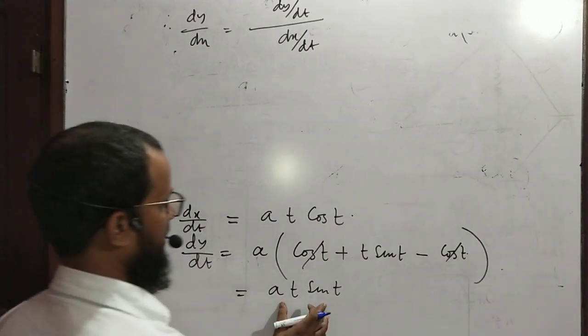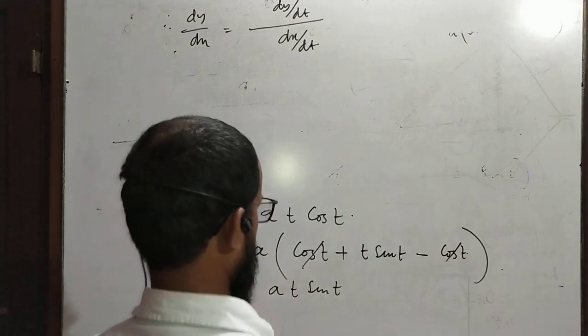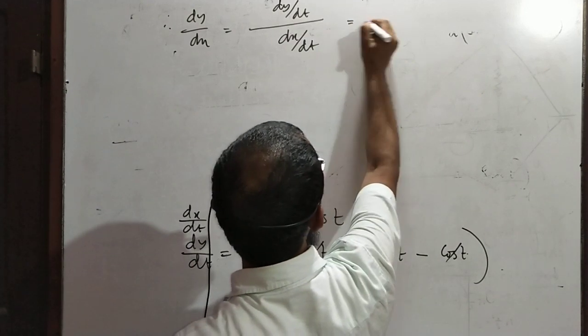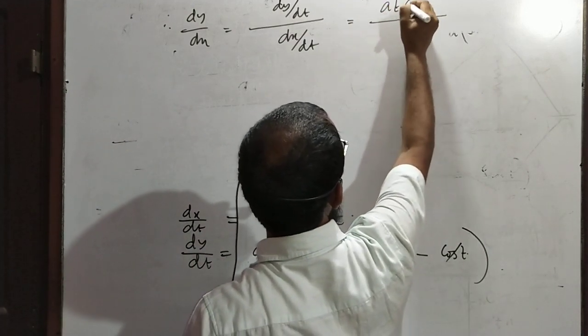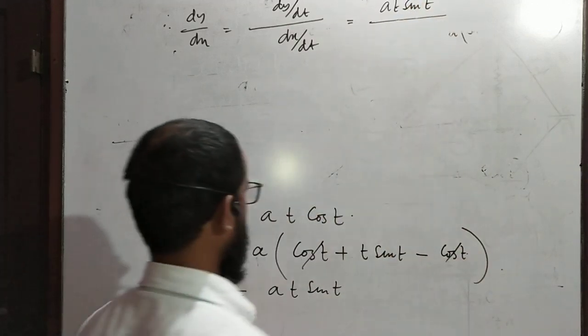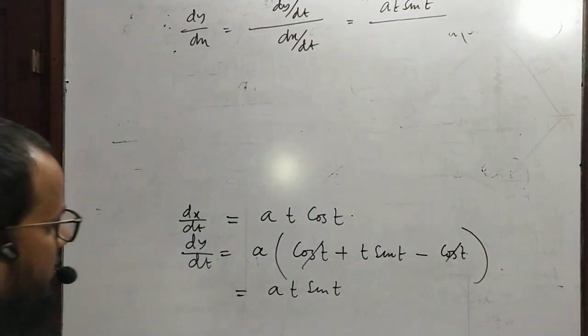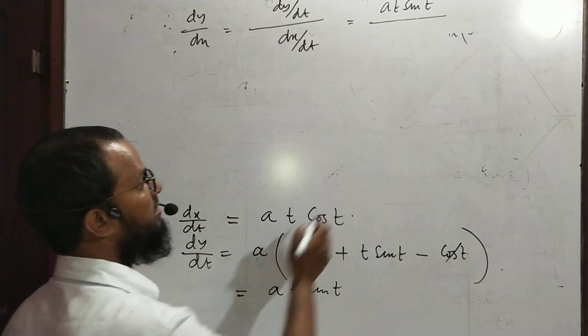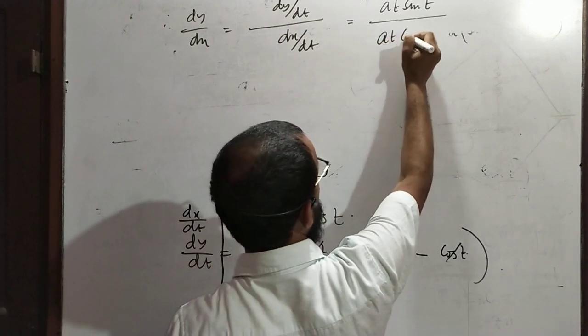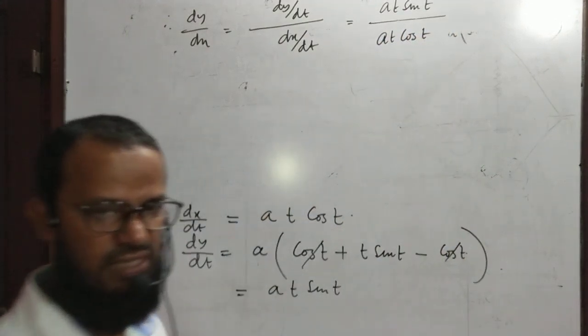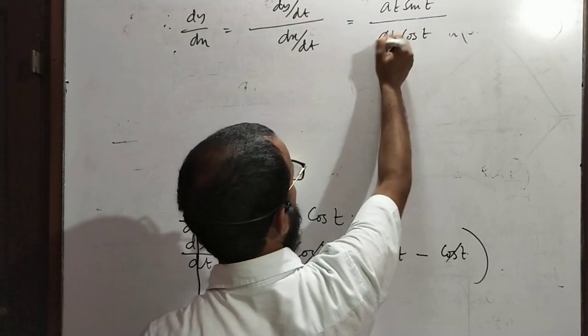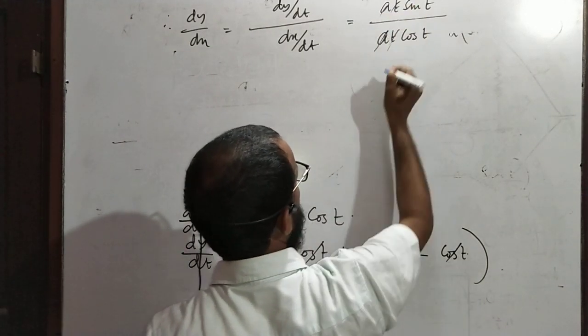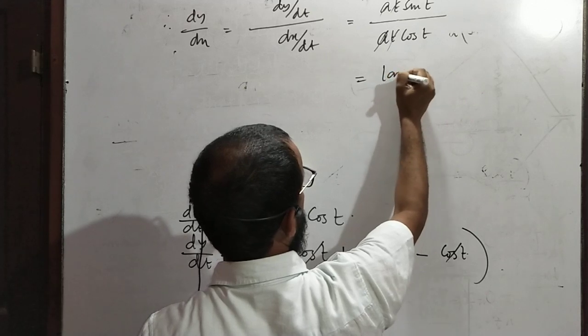Now dy by dt is a t sin t, and dx by dt is equal to what? A t cos t. From this, a cancels, t cancels, it becomes what?